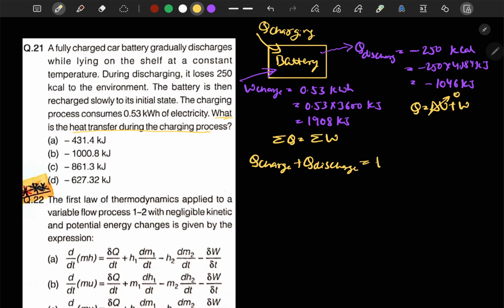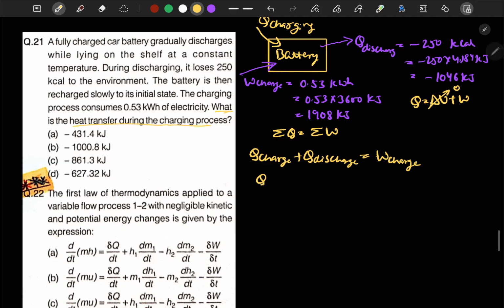But there is only one type of work, that is W charge. During discharging it isn't providing any work, or it isn't mentioned in the question, so we will consider it to be 0. Q charge we have to calculate. Q charge plus Q discharge, which we have been provided as 1046, is equal to the W charge, which is 1908.